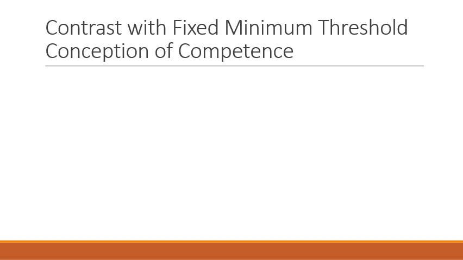Okay, so as I mentioned, the last section of this reading is an argument that the author's conception of competence is better than the traditional fixed minimum threshold conception of competence.